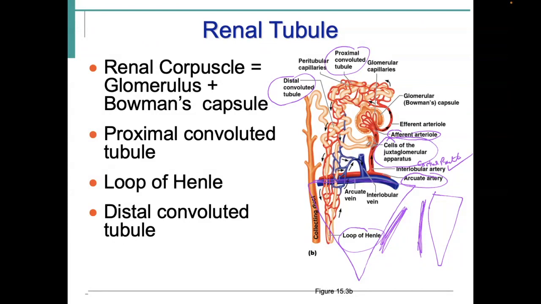This is that part that's responsible for blood volume and blood pressure. Then we have still the distal convoluted tubule, and now we have these little connecting tubules, and all these connecting tubules lead to the collecting duct.